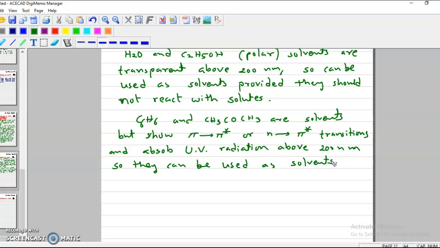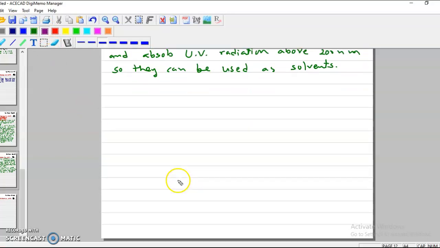Okay. Now we will see solvent effect, that is, how solvent can affect the UV visible spectra.